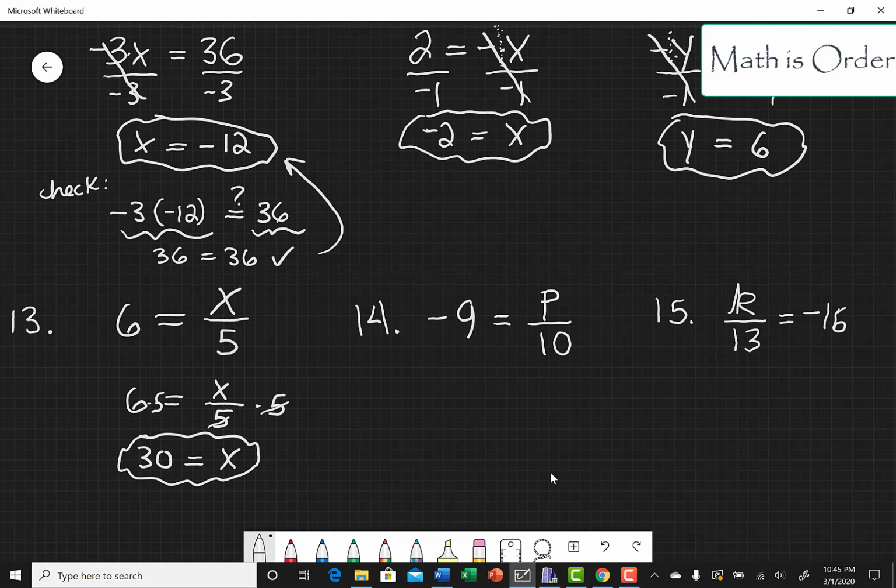Right, moving on to number 14. Again, our goal: get the variable by itself. We would have the variable by itself if we could just somehow get rid of that 10 that's on the bottom. 10 on the bottom means that 10 is dividing the variable. So we need to do the opposite of division, which is what? To multiply. So we're going to multiply both sides by 10.